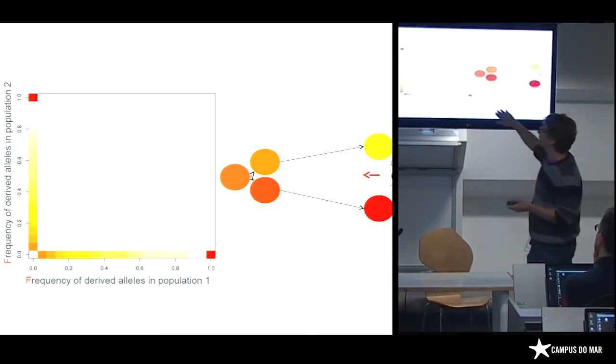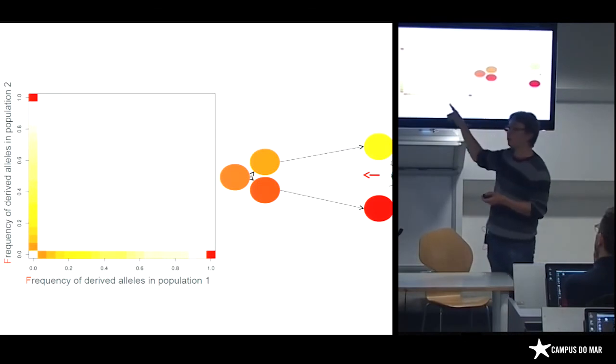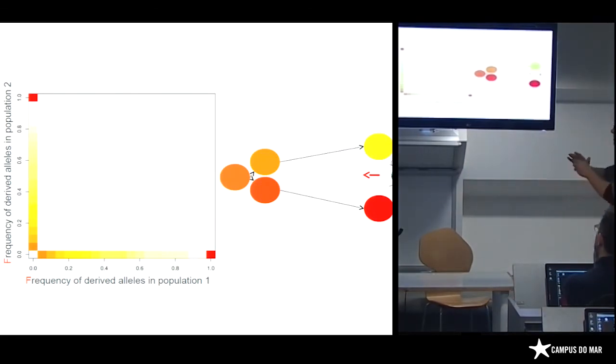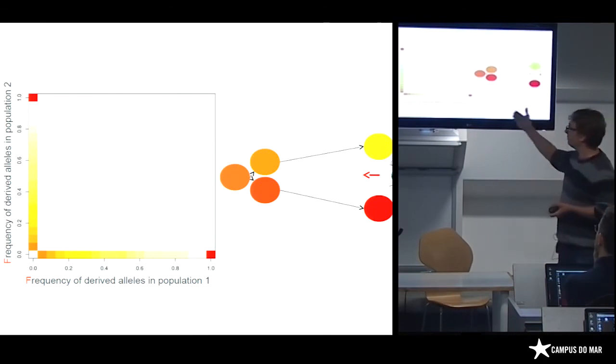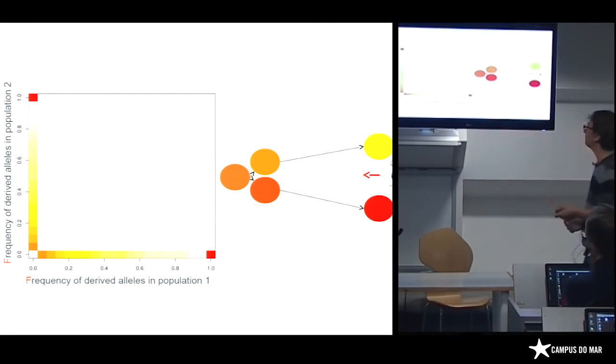And at the end, you have only fixed differences and private polymorphism in the two populations. So this is to illustrate that under a simple model of divergence without gene flow, the GSFS contains the information of the time of divergence.